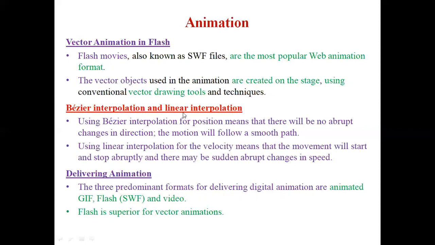Bezier interpolation and linear interpolation. Using Bezier interpolation for positions means that there will be no abrupt changes in direction. The motion will follow a smooth path. Using a linear interpolation for the velocity means that the movement will start and stop abruptly, and there may be sudden abrupt changes in speed.